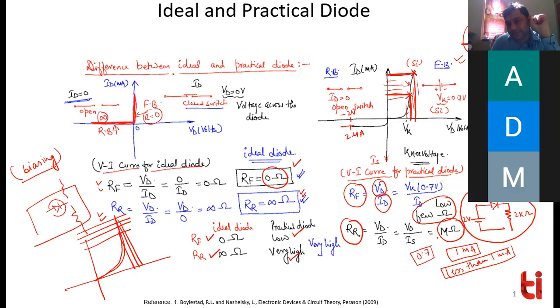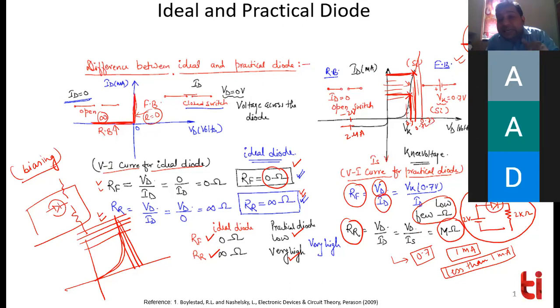Not necessarily. Do you know what you have done? You inherently assumed in your mind that the voltage across the diode is always 0.7 volts. It's not always 0.7. Look at the graph: here it may be 0.7, here it may be 0.72, and if you go further it may be 0.73.